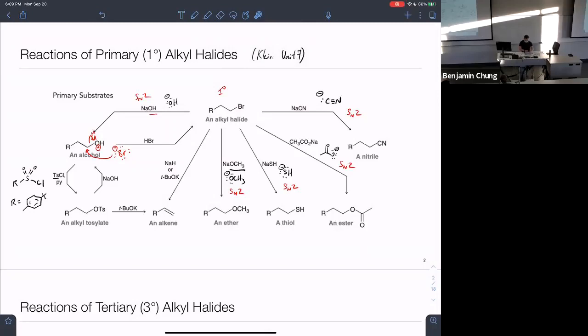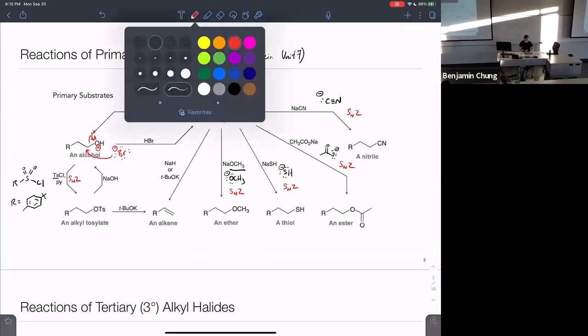Okay. So this reaction, converting an alcohol, primary alcohol, to a tosylate, what kind of reaction is that? Okay, that is also an SN2 reaction. There's a lot of SN2 reactions on this page.